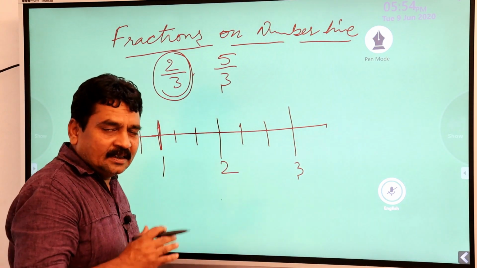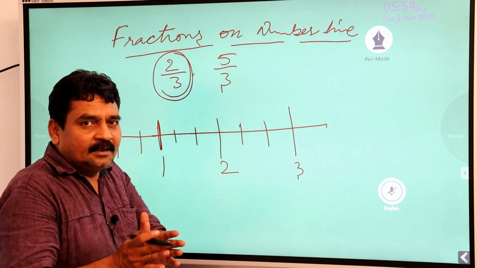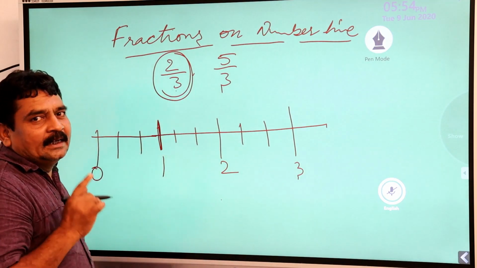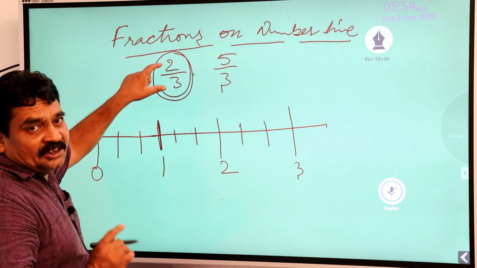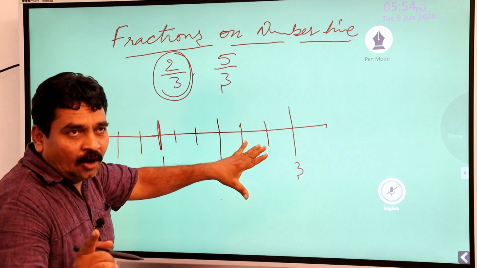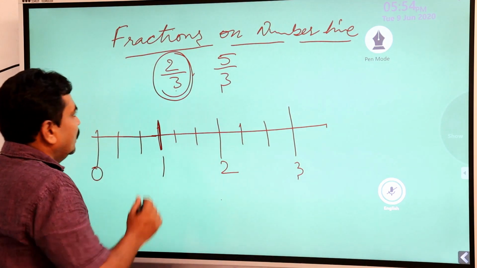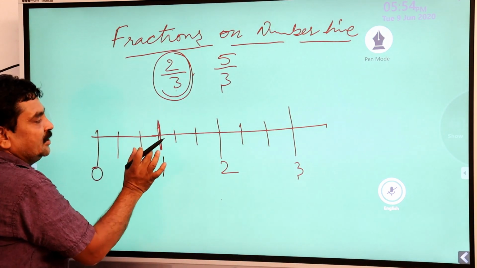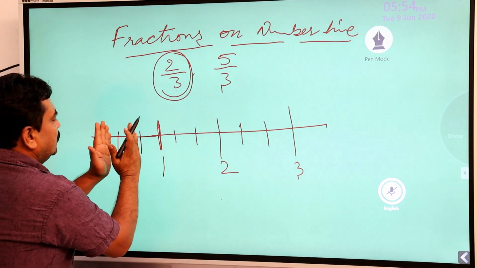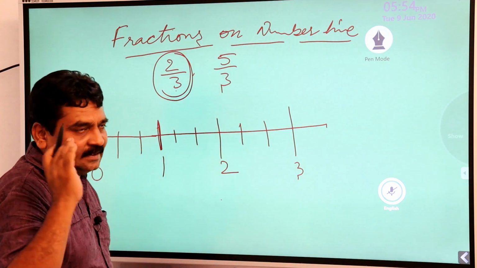In between the numbers, the number line, the ruler, is partitioned according to the value given in the denominator. So the number is 3, so you make 3 partitions, don't make 3 lines. This is the first partition, this is the second partition, this is your third partition. You should say 3 parts.